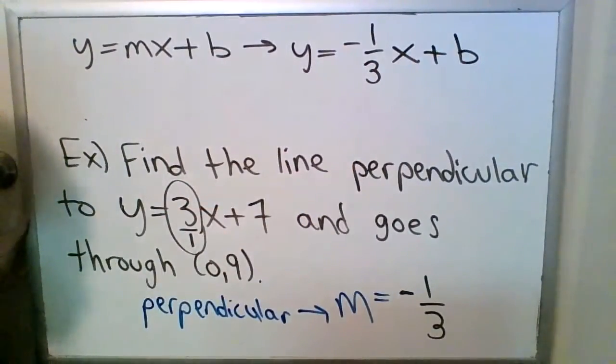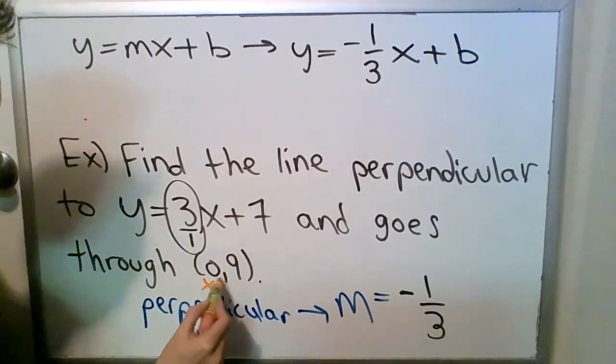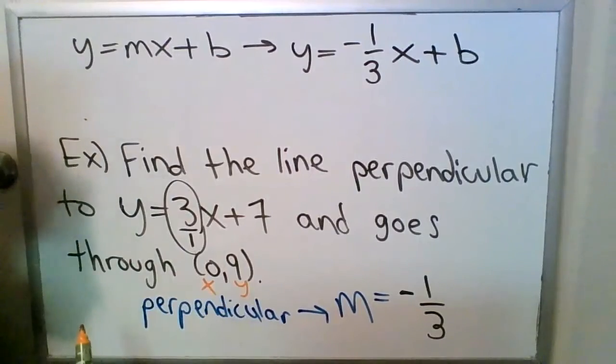Then you solve for b using the point. And your point has x equal to 0. And this is my y, 9.